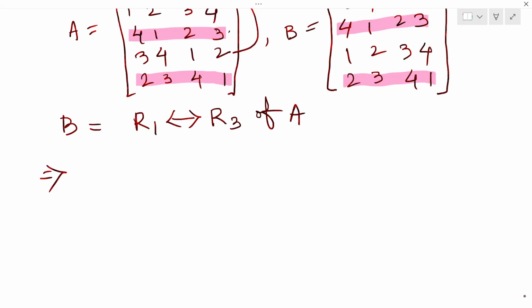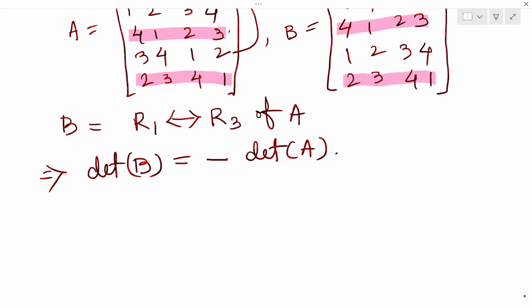This implies determinant of B is equal to minus times determinant of A. Is it clear to all? Yes, ma'am. So is there any other question or doubt?